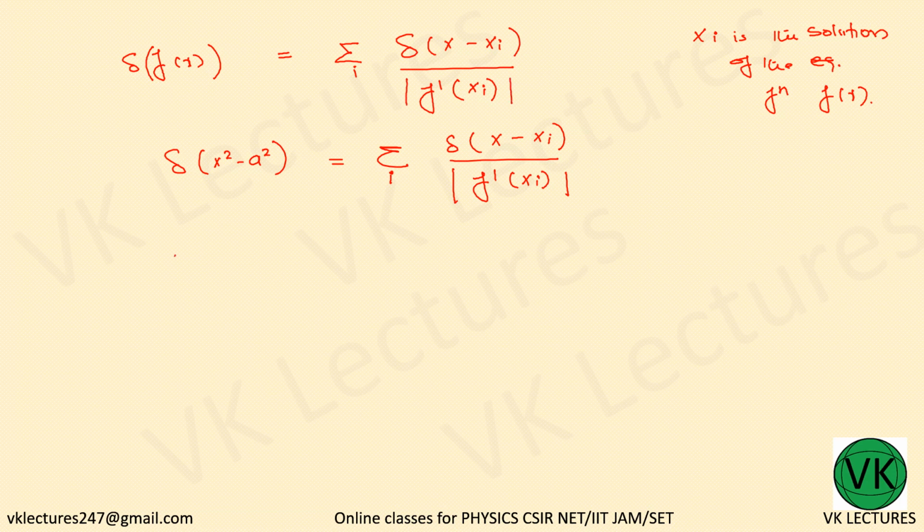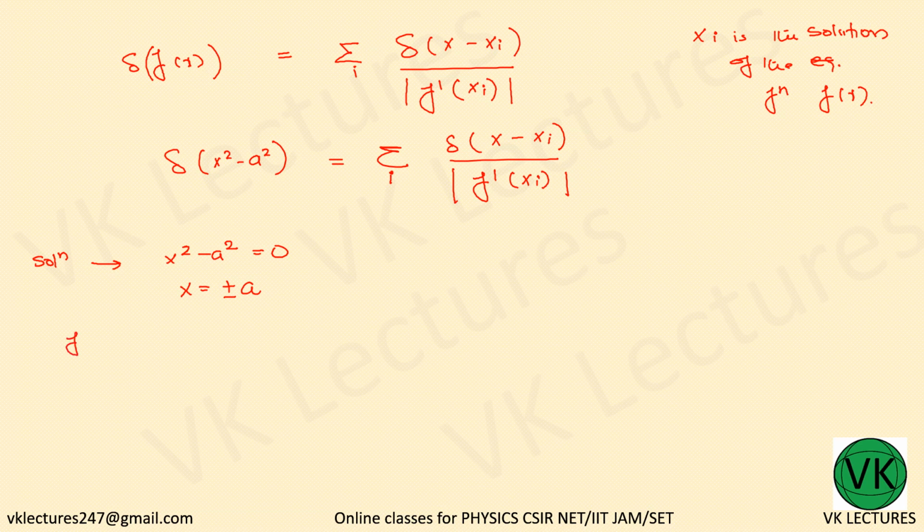Now when I write x squared minus a squared equal to 0, this is the function. So how will I find the solution to this function? The solution is given by x squared minus a squared equal to 0, which means x equal to plus or minus a.